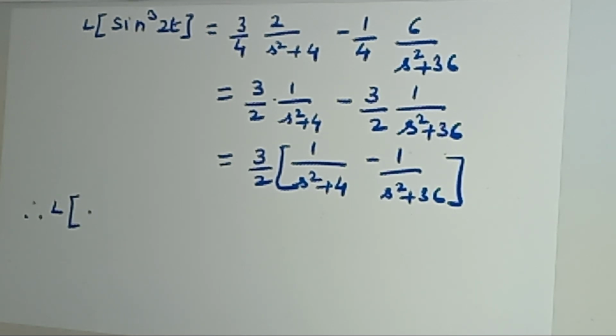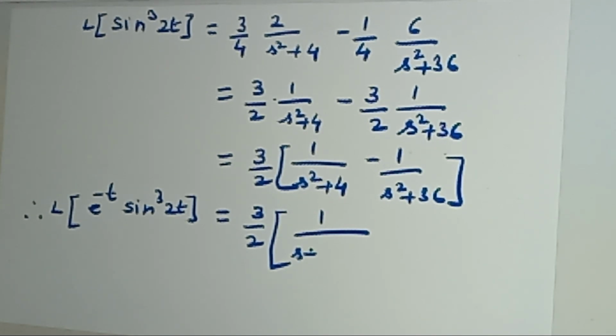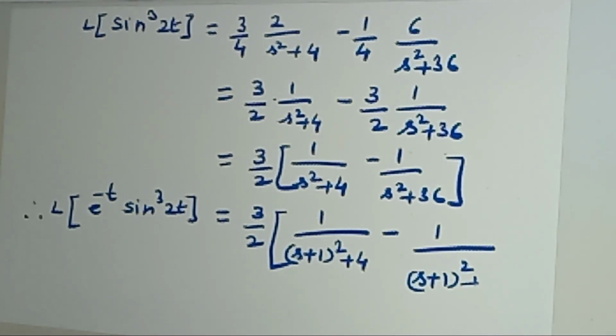We will be finding out Laplace of e raised to minus t into sine cube 2t value. अभी बताइए क्या करना है आपको? Laplace of given function sine cube 2t निकाला है आपने और फर्स्ट शिफ्टिंग प्रॉपर्टी यहाँ पे अप्लाई करना है. e टू द पावर माइनस t दिया है तो s के जगह क्या पुट करना रहता है स्टूडेंट्स, बताइए. s के जगह s प्लस 1 पुट करना है. ओके. सो द नेक्स्ट स्टेप विल बी 3 by 2 into 1 by s will become now s plus 1 the whole square plus 4 minus 1 by s के जगह s plus 1 the whole square पुट कीजिए plus 36.